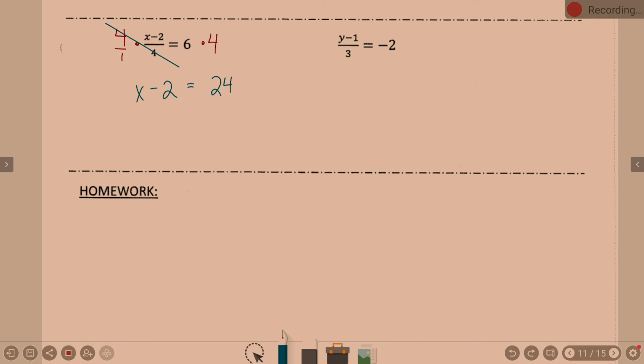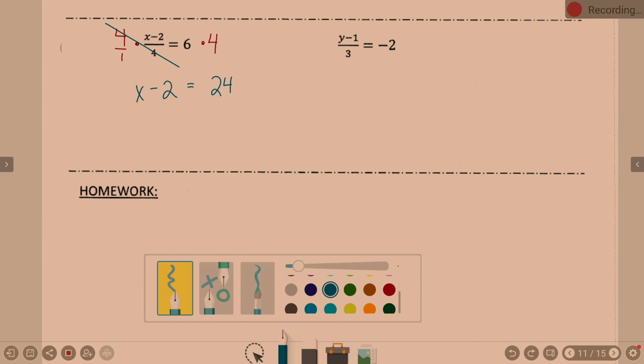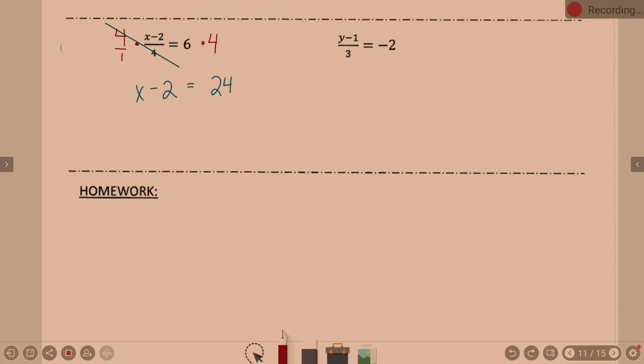Am I done? No, because you have to make the x by itself. Well, it's subtraction, so the opposite of subtracting is to add. Always do the opposite function. So if this is x minus 2, we're going to add 2.